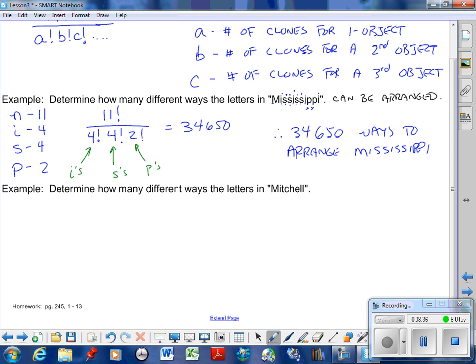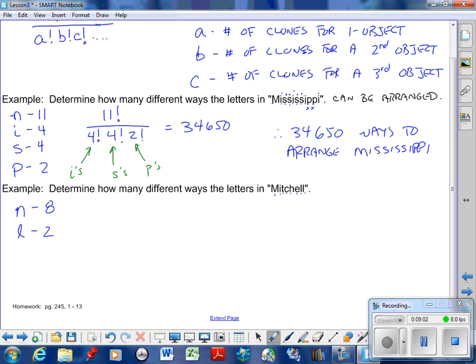Okay. So last example, just one more to emphasize it. Mitchell. So in Mitchell, 1, 2, 3, 4, 5, 6, 7, 8. So there are 8 objects to arrange. The L occurs twice. That's it.